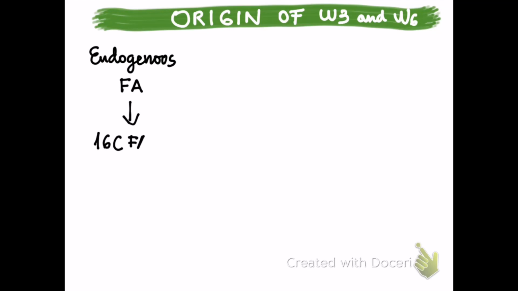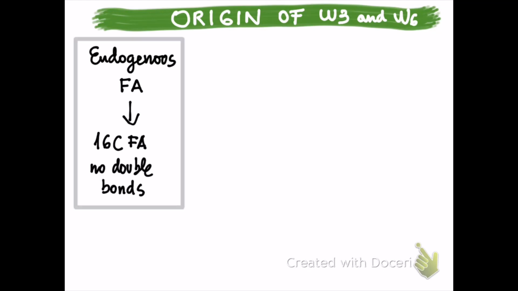Our body can synthesize some of the fatty acids it needs, such as saturated fatty acids up to 16 carbons without double bonds. To have acids of more than 16 carbons and double bonds, the organism must obtain them from the diet.